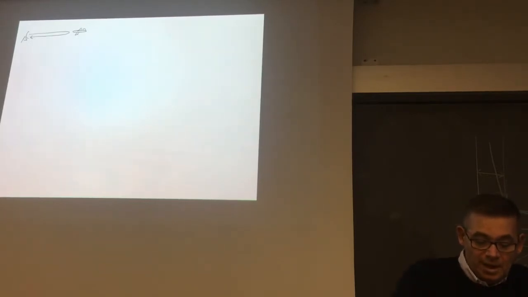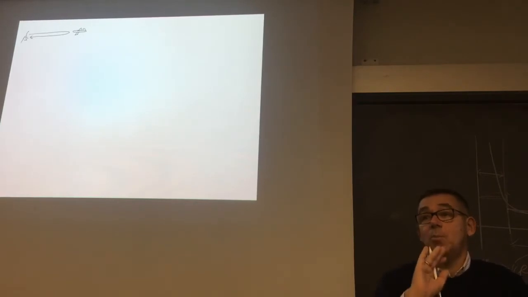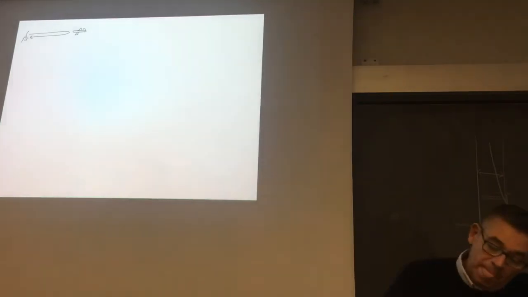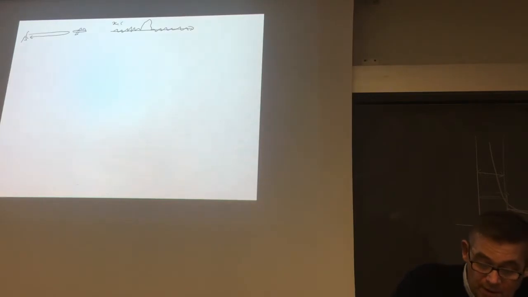And so what happens is that I'm repeatedly transmitting pulses. So what I get is a sequence of pulses, possibly very noisy. Let me resketch. This is x1 of t.